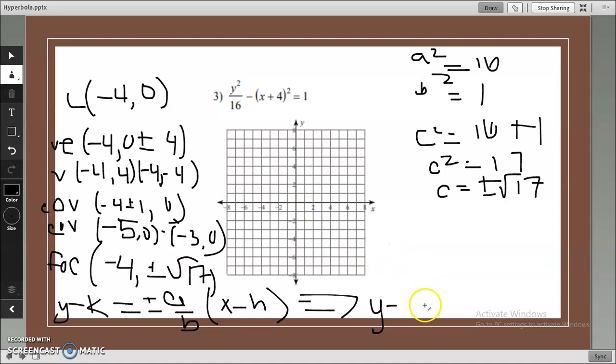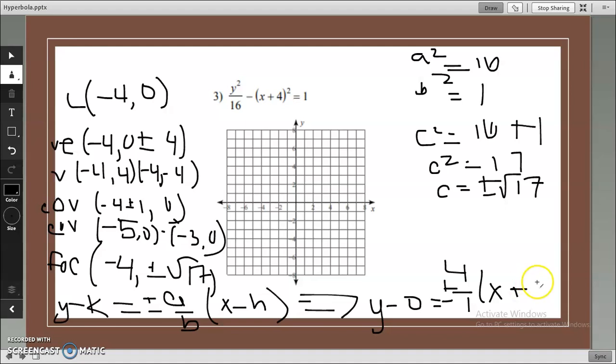My k value is 0, equals a, so that's 4 over 1 plus or minus times x plus, because it's minus.